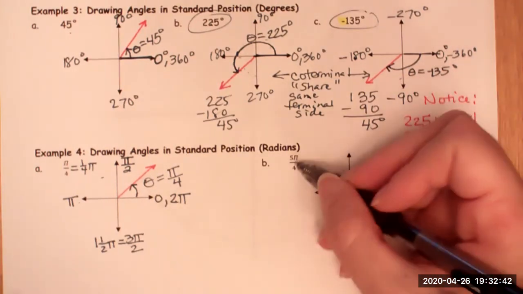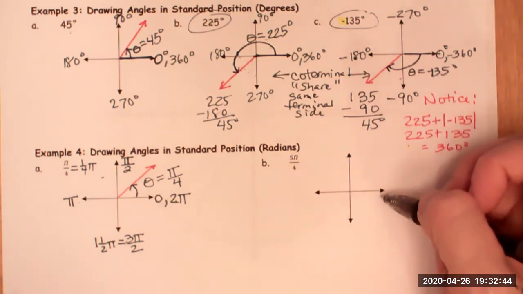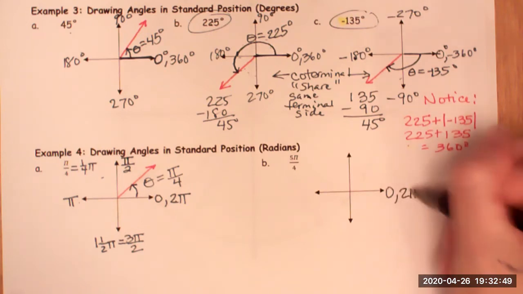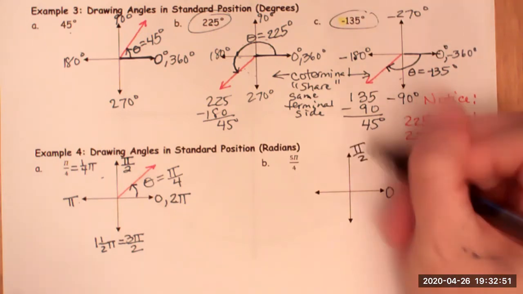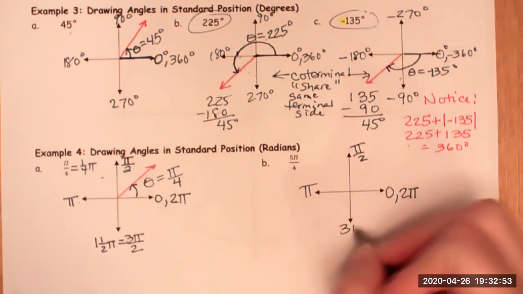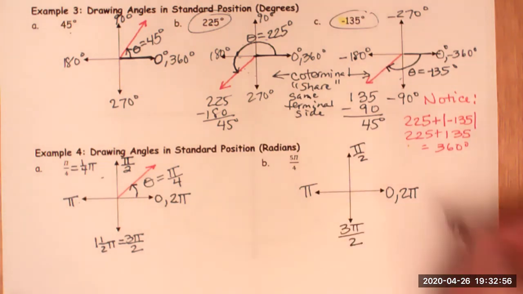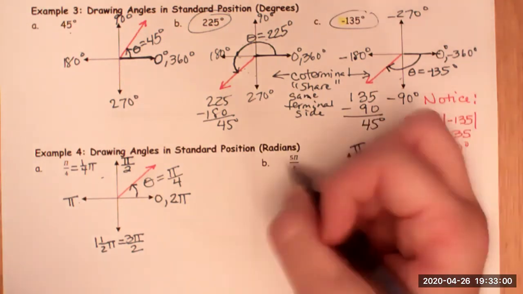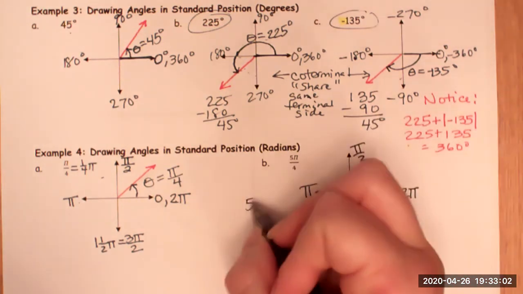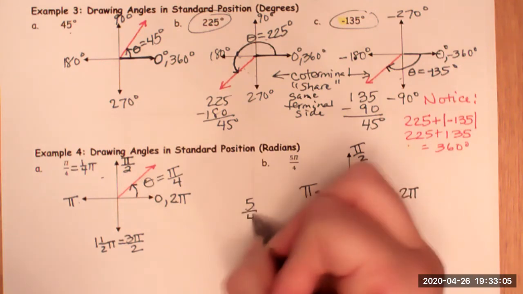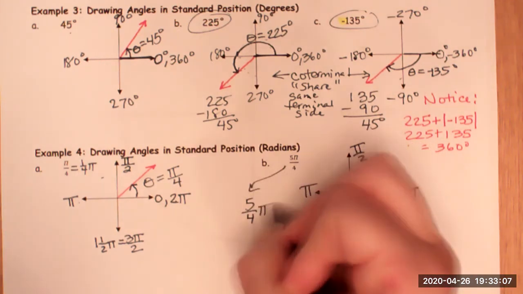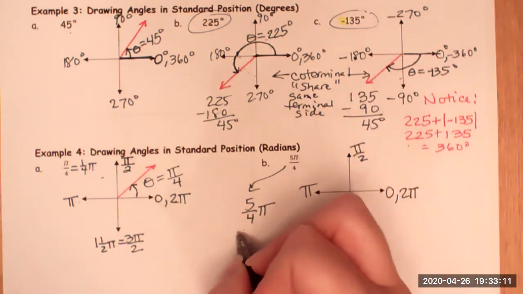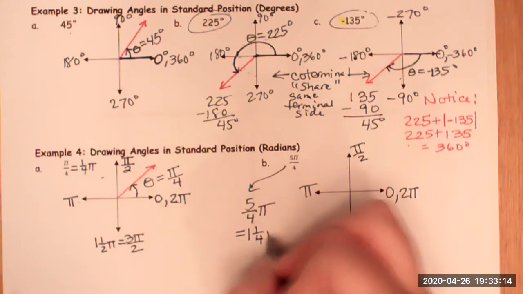Again, we have a positive value, so we're going to label the axes in terms of positive values of pi. So we've got 0 and 2 pi, pi over 2, pi, 3 pi over 2. Okay? So this is 5/4 pi. Well, think of that in terms of a fraction, right? So 5/4 of pi, whether you say 5 pi over 4 or 5/4 of pi, same thing, which is just 1 1/4 pi, right?